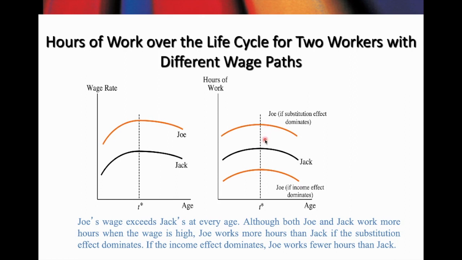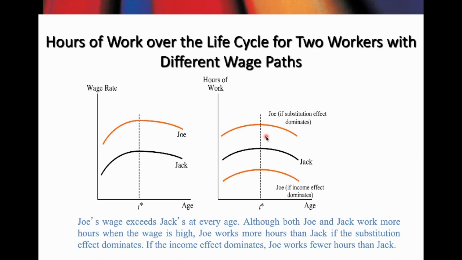However, when we make a comparison between two workers, notice that Joe may work more hours as indicated by this higher curve, and there is a possibility that Joe may work fewer hours than Jack as indicated by this curve.